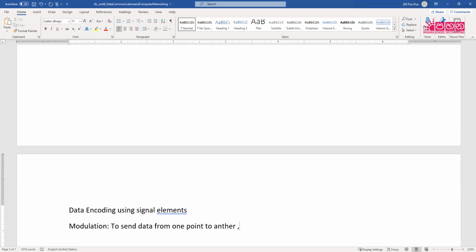So we need to send data from one point to another. That means our original signal, we have to combine with a carrier signal.